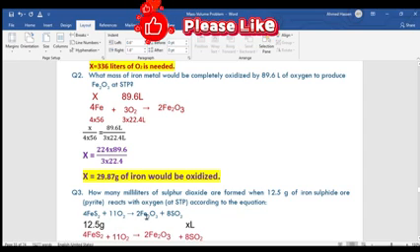When the equation is balanced, 4 moles of iron pyrite react with 11 moles of oxygen to give 2 moles of iron-3 oxide plus 8 moles of sulfur dioxide. Therefore, write the given number above the iron sulfide, and x above the required substance, sulfur dioxide.